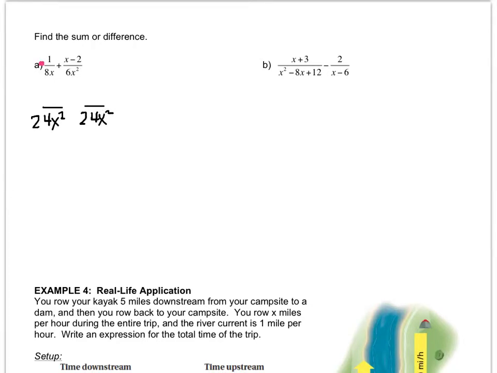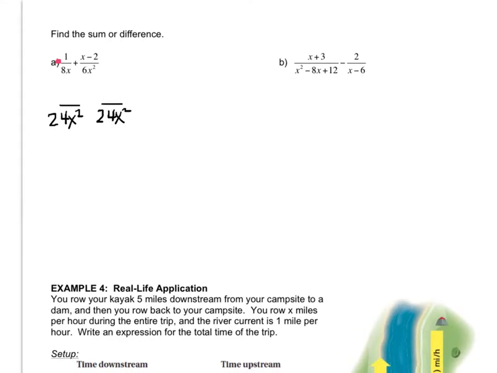So I have to multiply this one by, well, let's see, that's going to be 3x. And then this one is going to have to multiply by 4, because you need to figure out what you need to multiply by to get 24x squared.